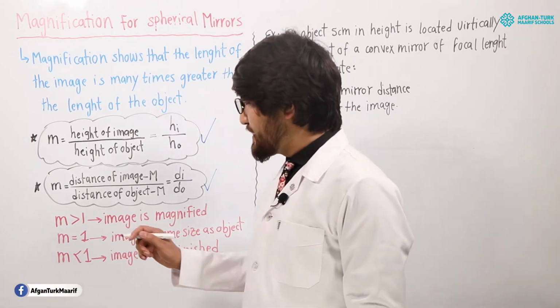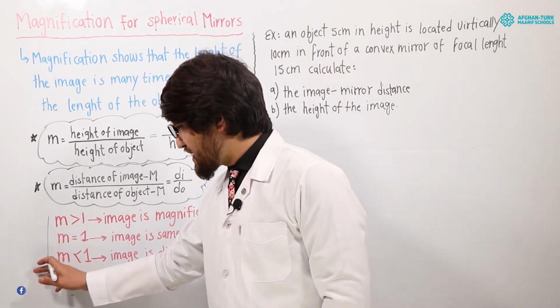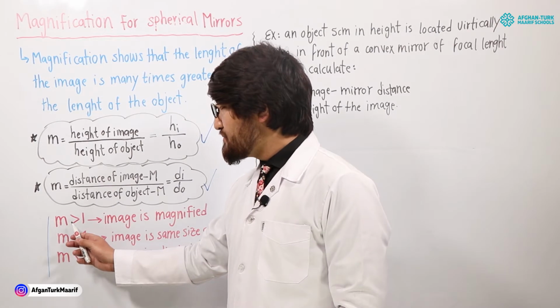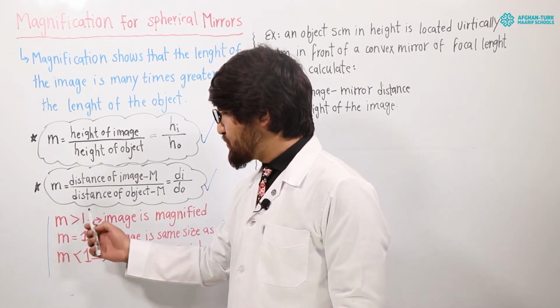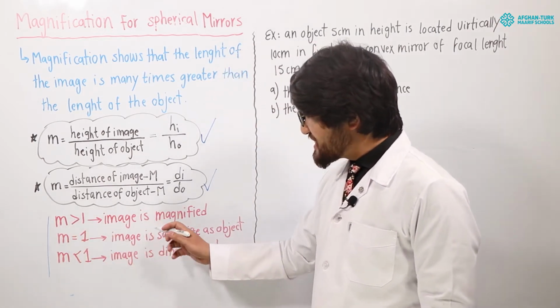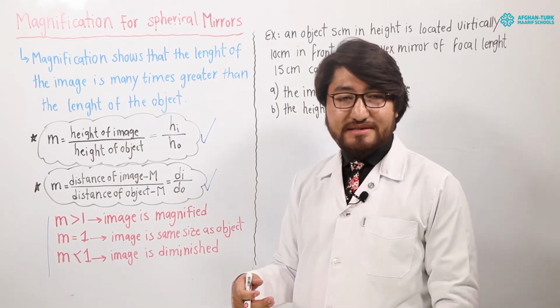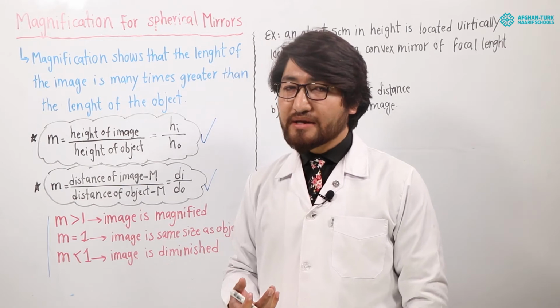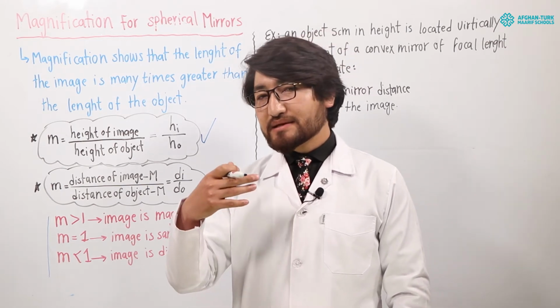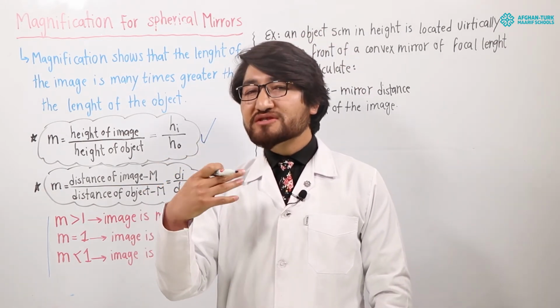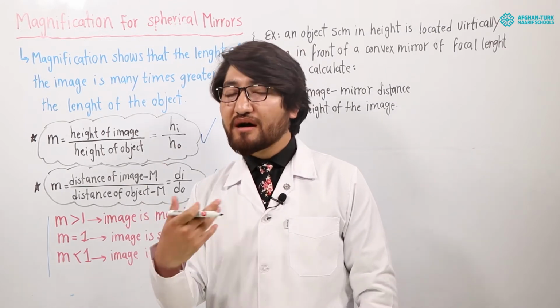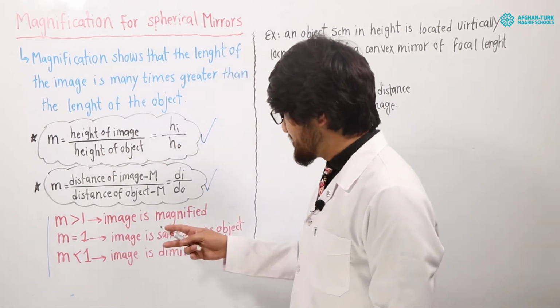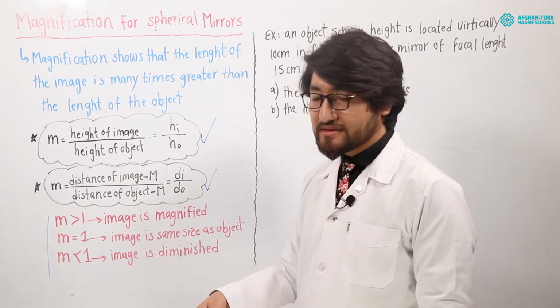Now, remember these 3 points. If M is bigger than 1, it means that the height of the image is greater than the height of the object, so the image is magnified.